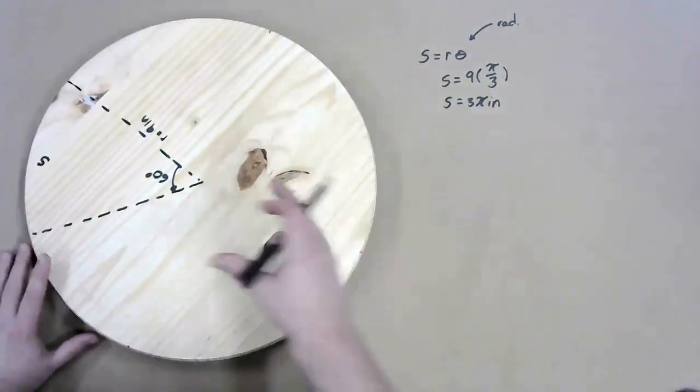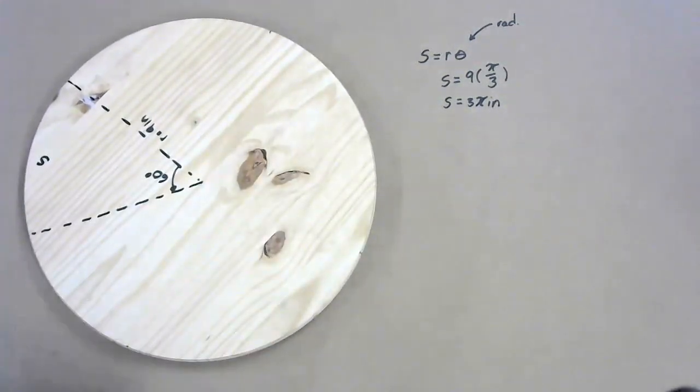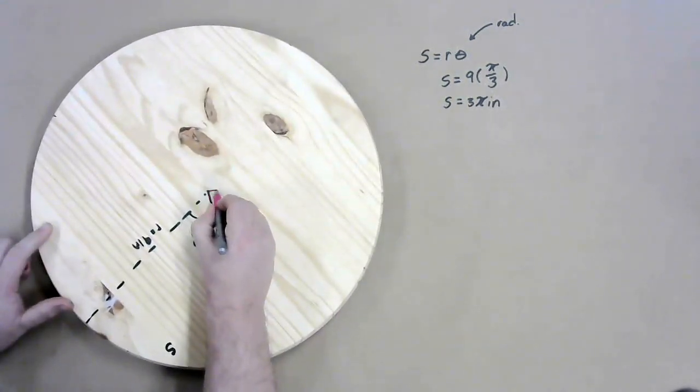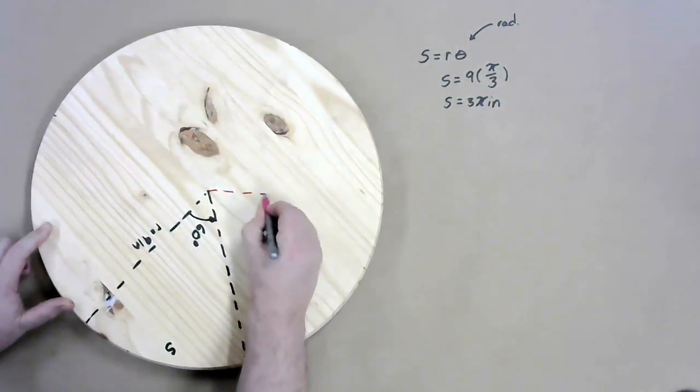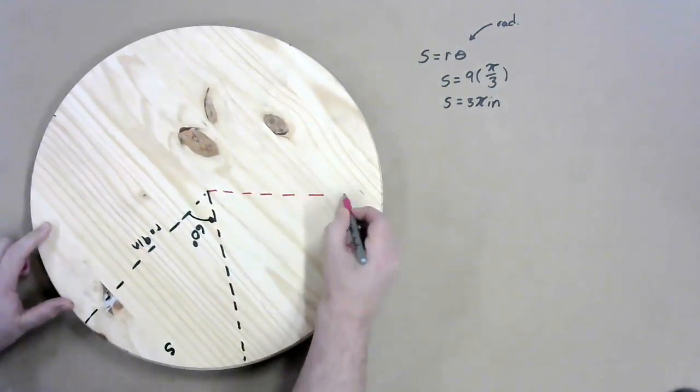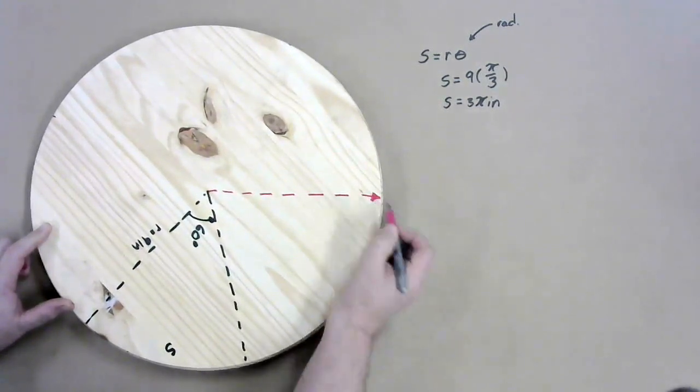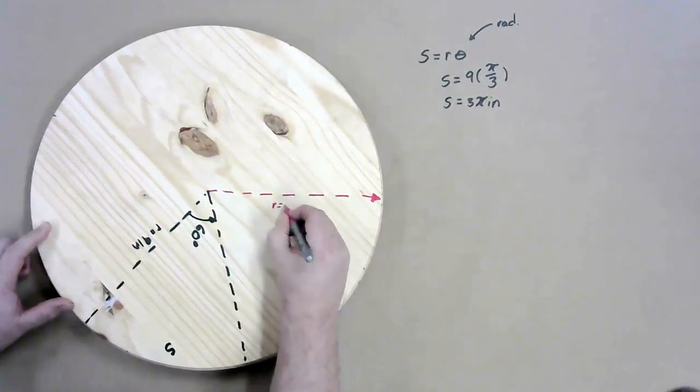So instead of having some nice angle that's going to stay in place, I want to take the initial side. I'm going to draw that in roughly standard position for the fun of it. It doesn't have to be. Remembering that our radius is still at 9 inches.